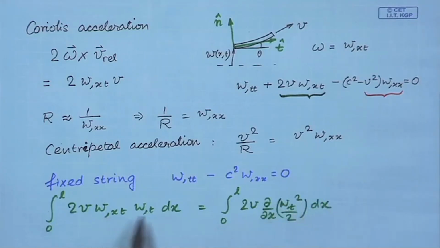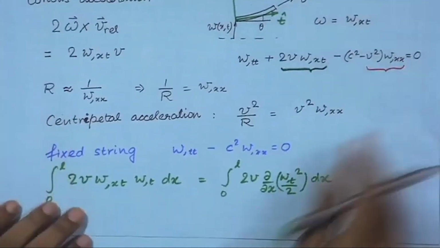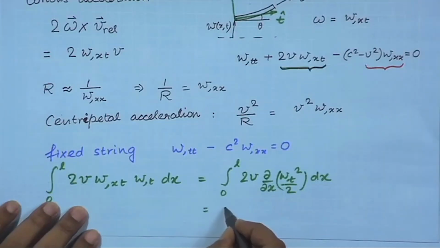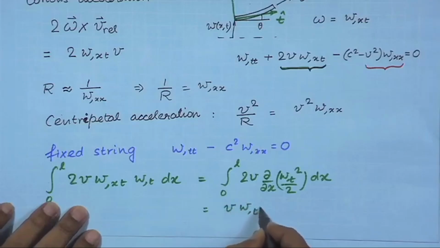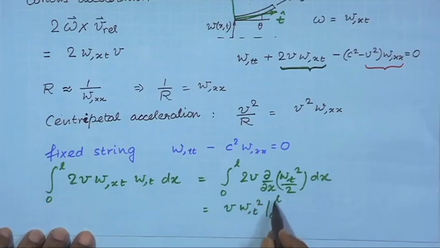this can be simplified and written like this. So, I can integrate over this spatial coordinate. So, we have this velocity square computed at L minus velocity square computed at 0.